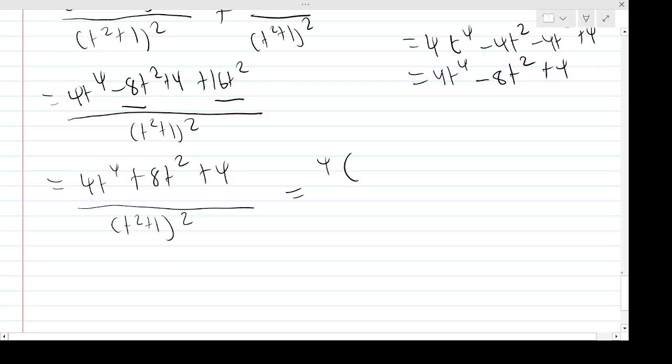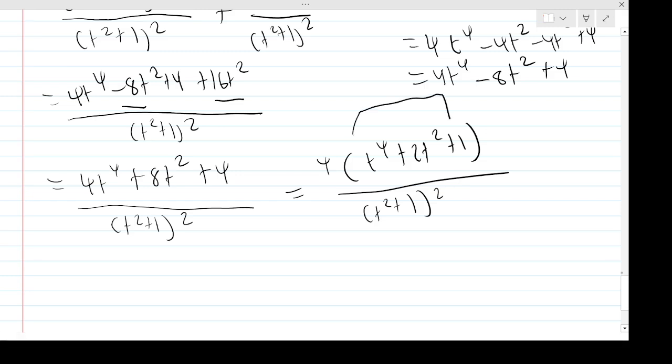If we take 4 out, that would be t to the 4, add 2t squared, add 1, over t squared add 1, all squared. Well, then if we already got a 4, that means this top bit, the fraction inside, has to be equal to this fraction here. This bracket here, the t squared add 1 all squared. They both have to equal, so we can cancel them out to be left with this 4 here.